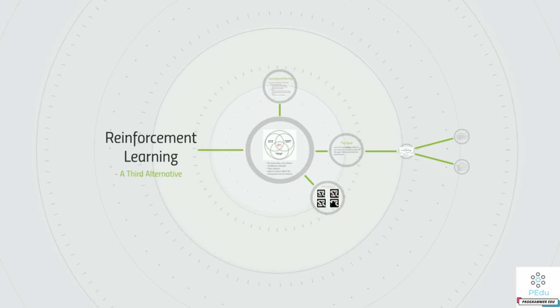So a quick summary of reinforcement learning, because this was just a very brief introduction. In reinforcement learning, our goal is to learn the best policy or learn the best sequence of actions that maximizes our reward, and our reward is going to be defined in different ways in different examples. Some elements of reinforcement learning: we have the agent, which is the decision maker, and the agent is the one performing the learning.